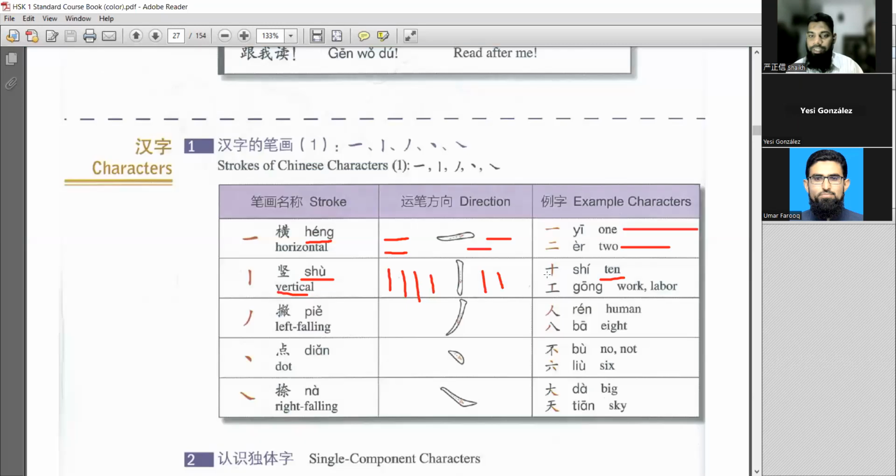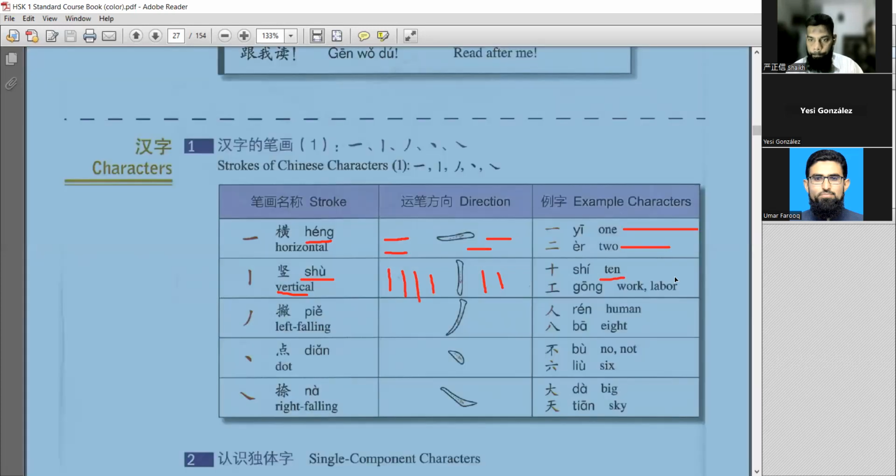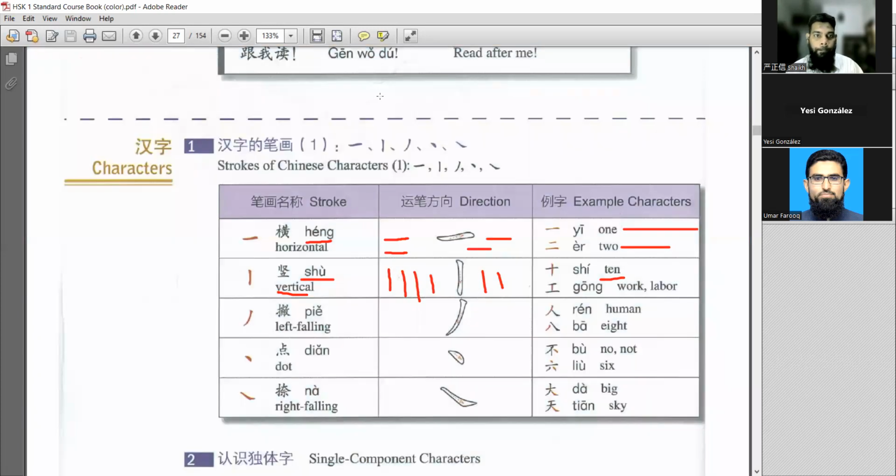Here you can see this is a hung here, and this is the shu.